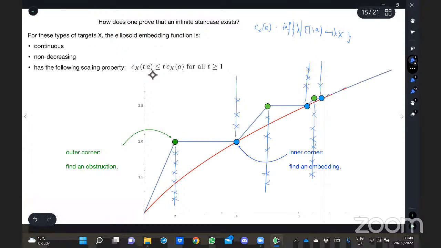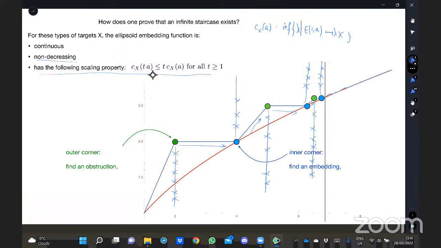Now, if you go from a green point to the following blue point, because they have the same height and the function is non-decreasing, you know that this has to be a horizontal line. To go from a blue point to a green point, you use the scaling property, and it turns out that this has to be a straight line as well. That completely determines the function up to the accumulation point.